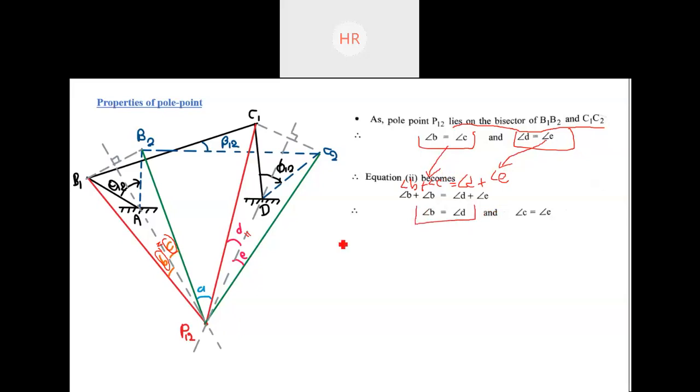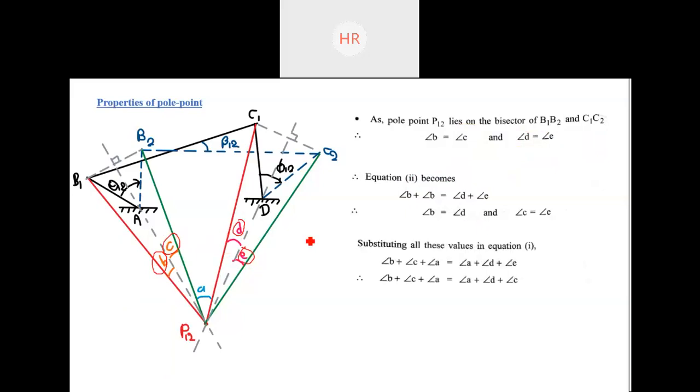So we get angle B is equal to angle D, and angle C is equal to angle E. So if we substitute all of this in the first equation, finally we will get B plus C plus A, means this much angle B plus C plus A, is equal to A plus D plus C. A plus D plus C means this angle.